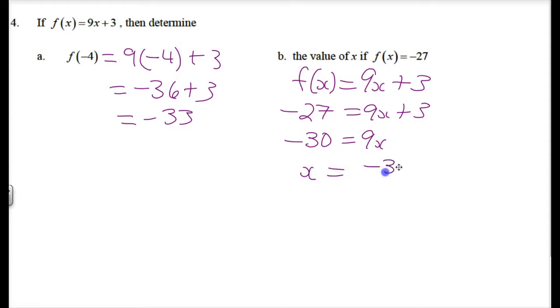X will be negative 30 divided by 9, which reduces since 3 goes into that, so negative 10 thirds. And that is the value of x. You can check this by plugging negative 10 thirds into here, multiplying it out, and working out f of x. Similarly, you can plug negative 33 in here and then work back your value to get x is negative 4.